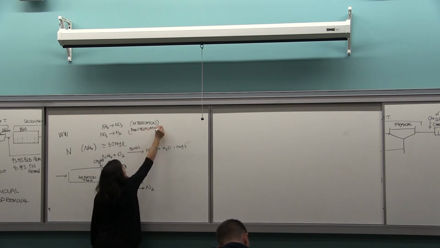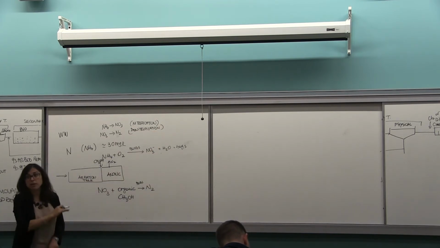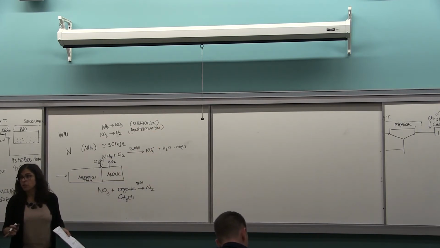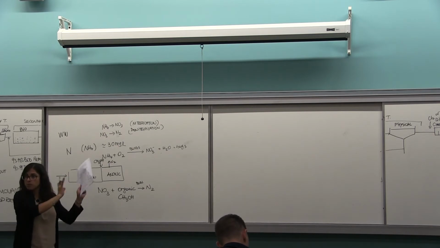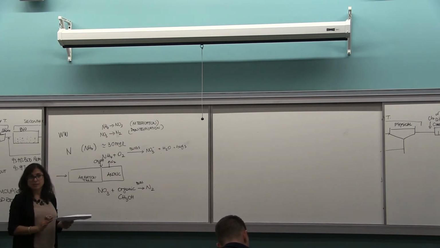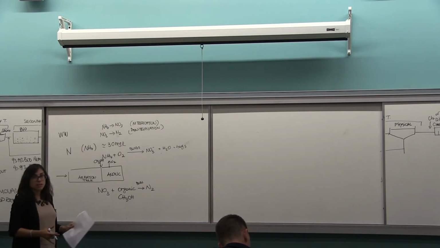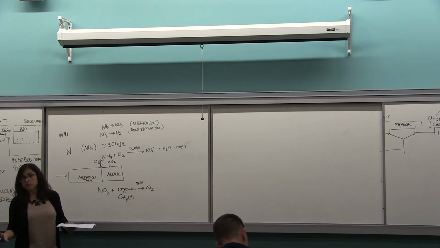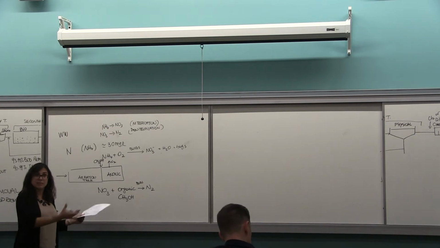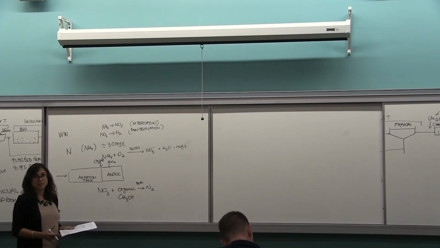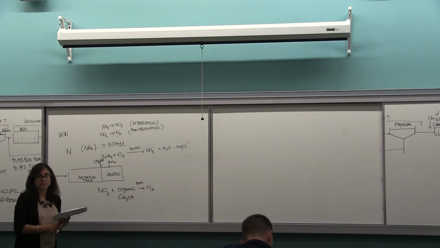There are two biological processes done by different types of bacteria. The first one, aerobic bacteria, needs oxygen and ammonia. The second one, denitrifying bacteria, needs nitrate and organic for the process to occur.